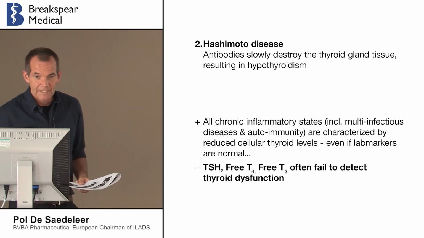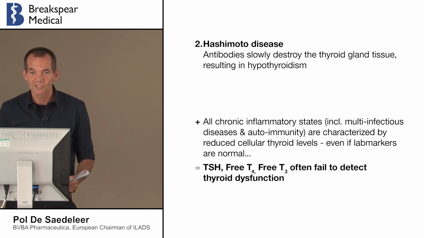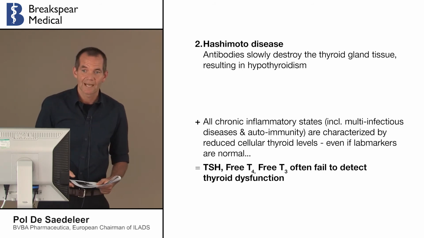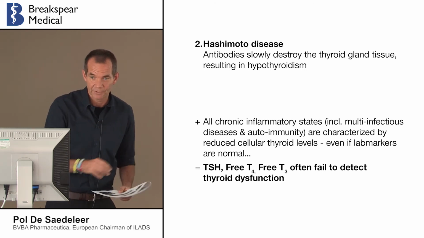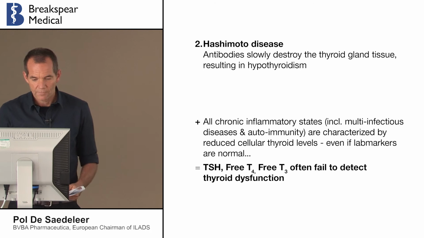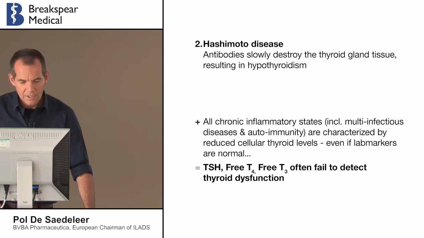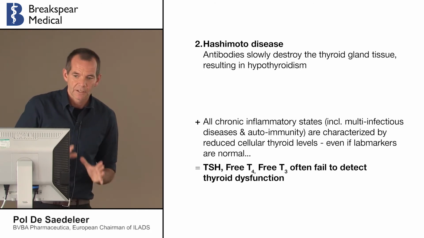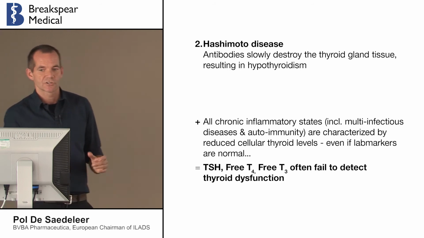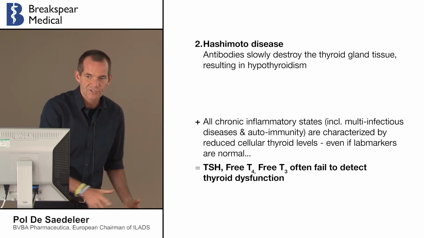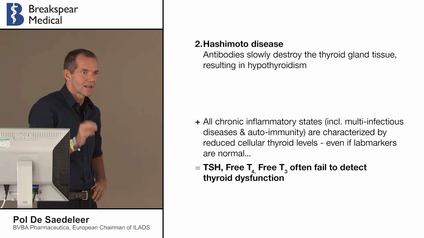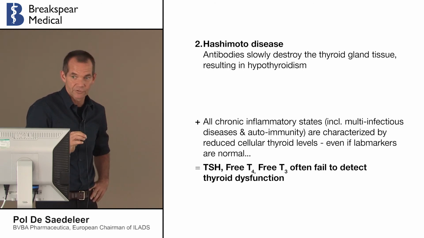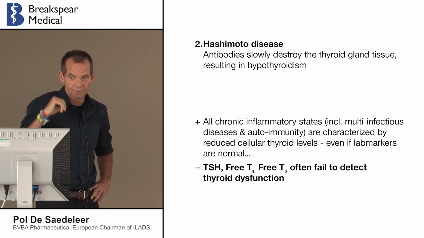Hashimoto. In Hashimoto, we have antibodies destroying the thyroid glands, causing hypofunction, causing hypothyroidism. Now, it's important to know that in all chronic inflammatory states we are discussing today, multi-infectious disease and autoimmunity, we have reduced cellular levels of thyroid hormone, even if lab markers are normal.